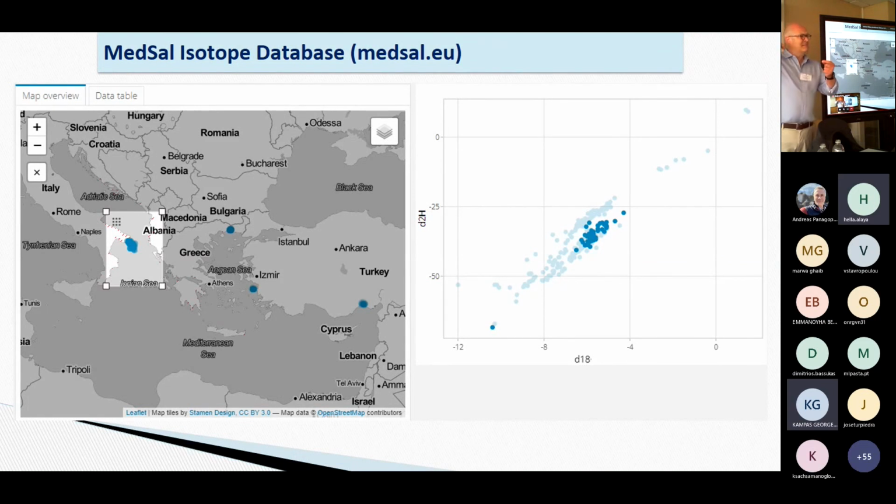But in the past, like 7,000 years ago, 5,000 years ago, we had weather systems that came from the east. So moisture came from the Gulf Sea, and then you had a big continental effect. And we find very depleted water in Jordan that you can never explain with continental effects from current weather patterns.